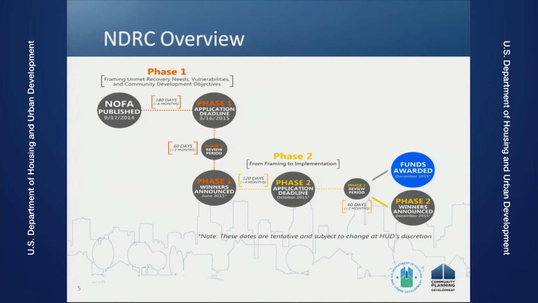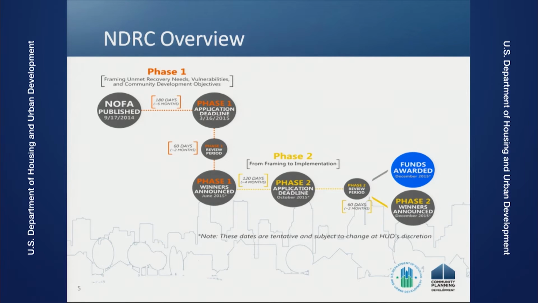It's really structured to guide each applicant through broad consideration of these. Phase one is considered to be a framing phase, and it will last 180 days from the announcement of the competition, which was announced on September 17th, 2014. And as such, the last day to submit applications, as you see here on this slide, is March 16th of 2015.